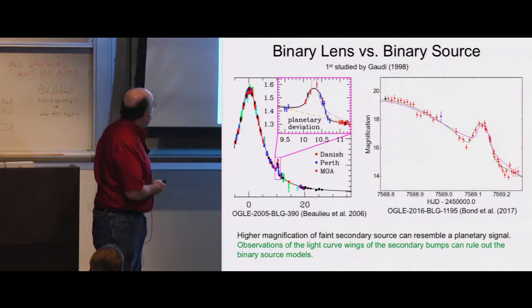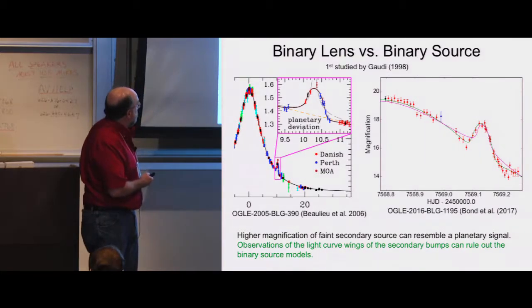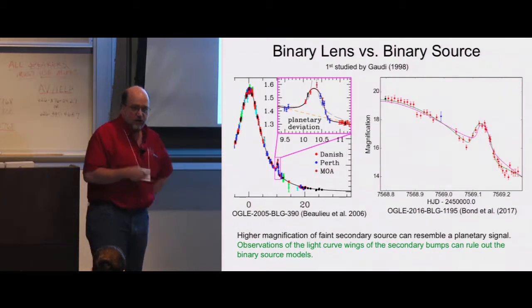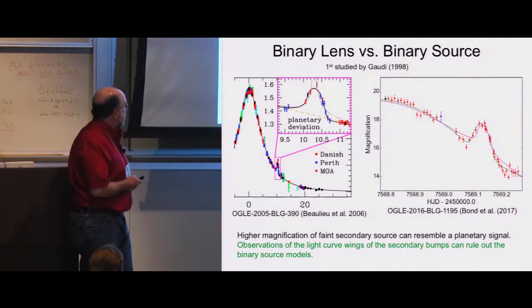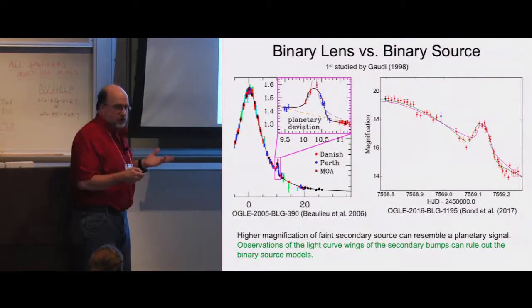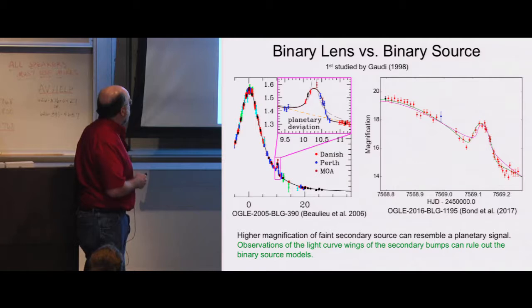All right. Okay, so I'm supposed to talk about binary lens versus binary source. Gaudi wrote a paper in '98 arguing that this was a possible astrophysical false positive. Most of the planetary microlensing light curves don't resemble ones that can be mimicked by a binary source.